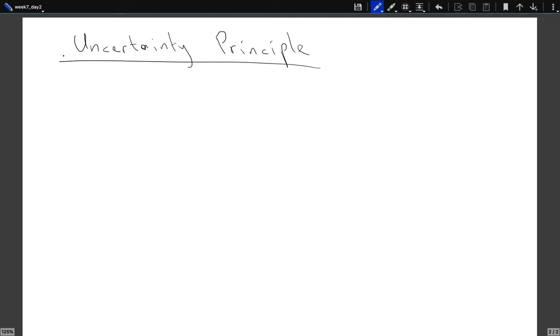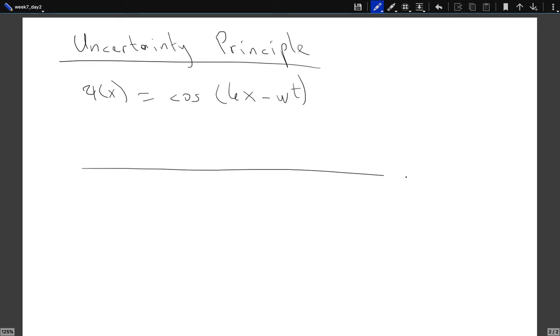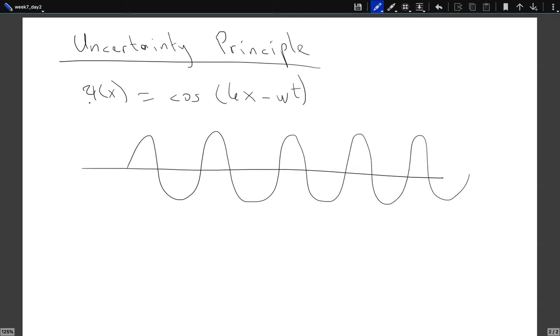This is just a result of the fact that now we know that we should describe particles as waves. You see, when we started with a harmonic wave, this wave has this shape. If you take its square, this is psi of x. If you take its square, well, this is what you will get.